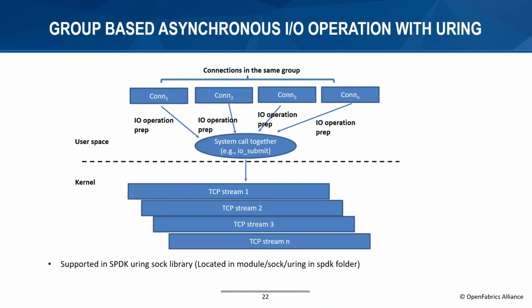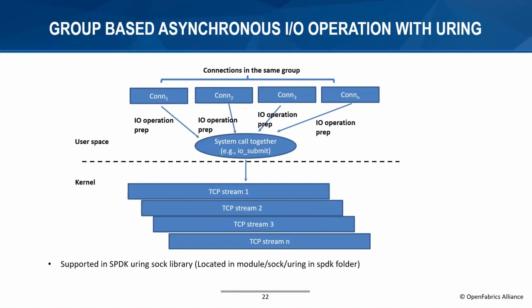For example, previously we had libaio support to use the network, and the second is io_uring. Finally, we chose io_uring, so we can use one system call in one round to submit all the writev's from different connections to the kernel, and this code is ready in SPDK.